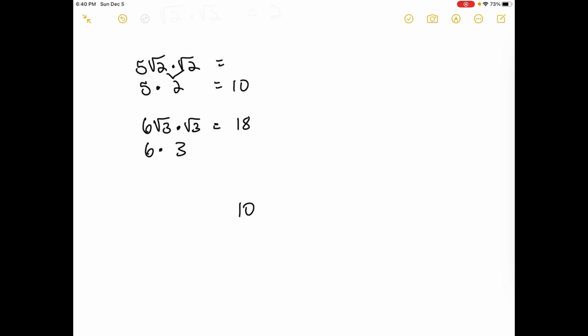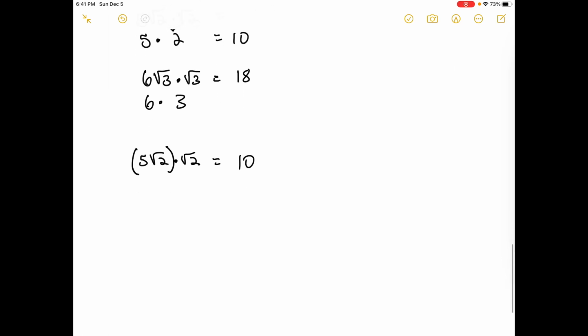Well, let's remember that root 2 times root 2 is 2, and then that times 5 gives me 10. So we could say 5 root 2 times root 2 would equal 10. And so my leg would be 5 root 2.